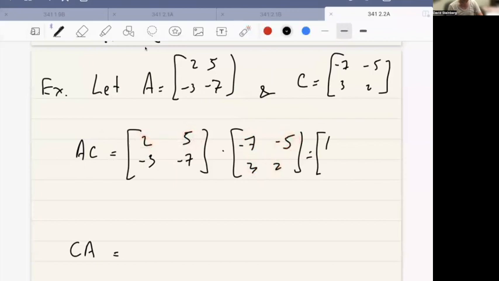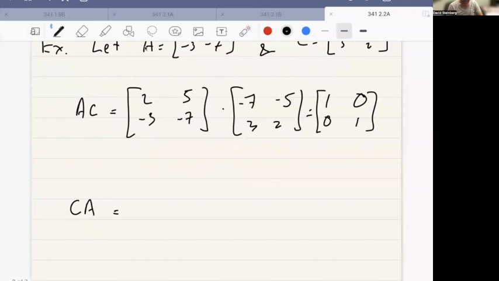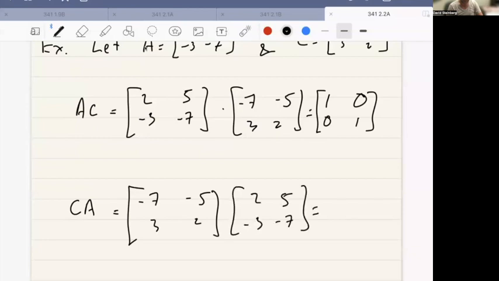That's 0. We've got -3 times -7 plus -7 times 3. That's 0. And then finally, we've got -3 times -5 plus -7 times 2. So that's 15 minus 14, which is 1. Okay, so that one checked out. I'll leave you to check that this is also true if you do it in the other order, you still get back the identity matrix.